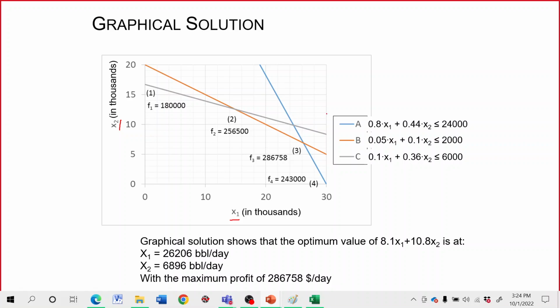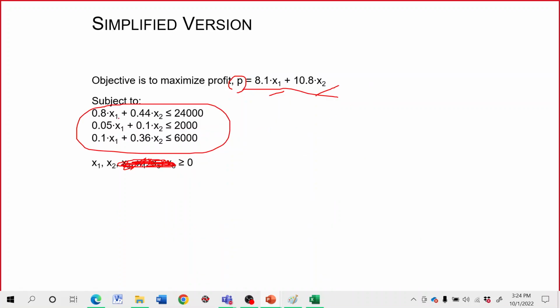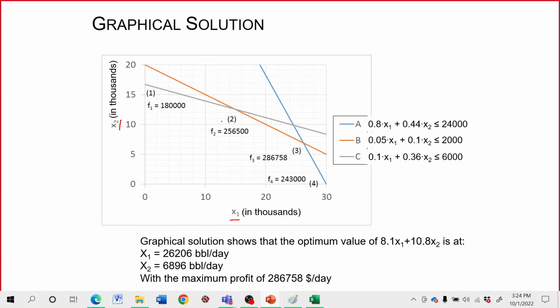The first constraint, 0.8 x1 plus 0.44 x2 less than or equal to 24,000, is the blue constraint, which is this line. The orange constraint is the second, that line, and the gray constraint is this line.